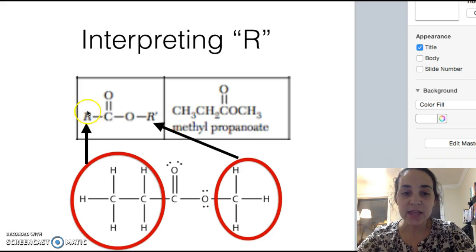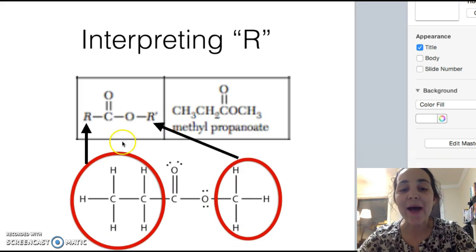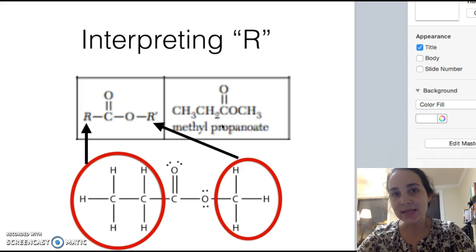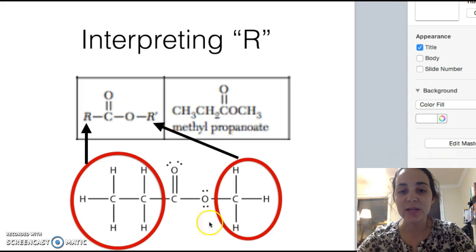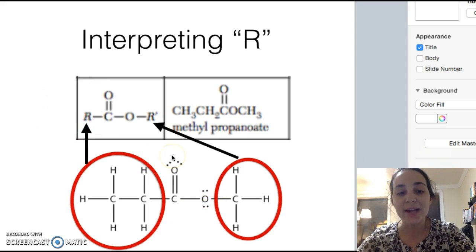Now you can see that this R stands for this side of the hydrocarbon chain, and this R stands for the other side of the hydrocarbon chain. The R just represents any amount of hydrocarbon chain that would be added to either side of this functional group. It also tells us that for this functional group to be classified within this class of compound, the functional group has to go right in the center.